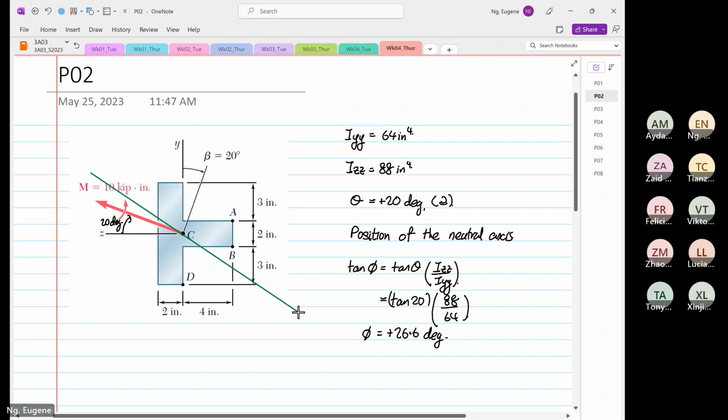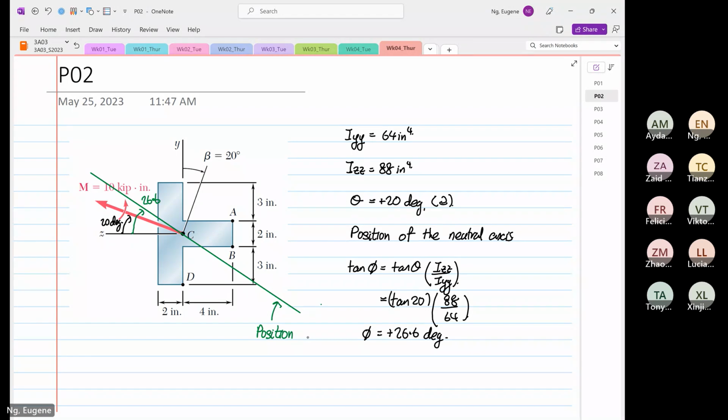So this over here, this is 26.6, and this is the position of the neutral axis.